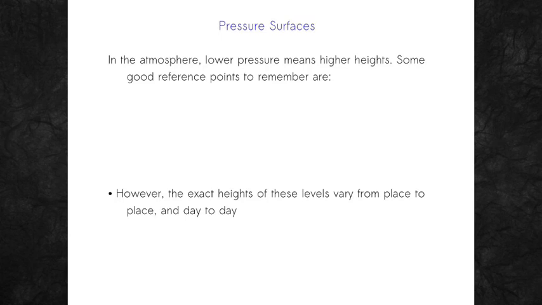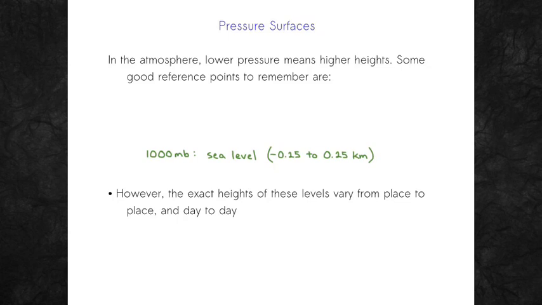So let's start down at 1,000 millibars. And 1,000 millibars, as we've been talking about, is roughly the sea level pressure. You'll recall the standard sea level pressure, the average sea level pressure, was actually something like 1,013. So 1,000 millibars is slightly lower pressure, meaning that it's typically slightly above sea level, but it's close enough.